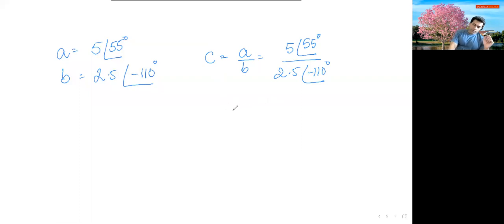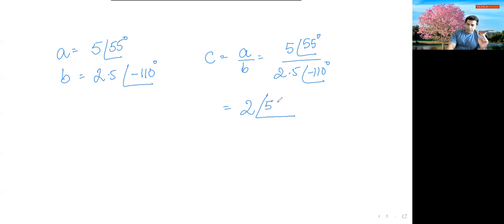When the numbers are given in polar form, it's the same thing as multiplication. In multiplication, you multiply the magnitudes, you add the phases, and that will be your final result. In division, you divide the magnitudes, so 5 over 2.5, which will be 2, and you subtract the phase of the denominator from the phase of the numerator, and that will be your final phase.